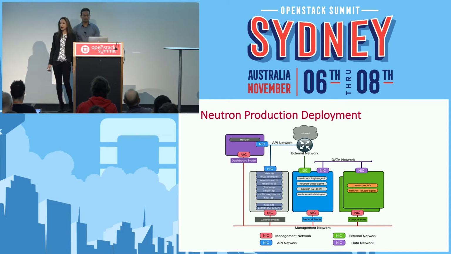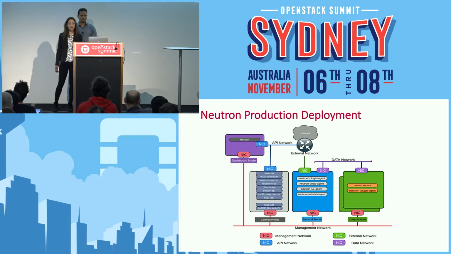The ML2 plugin agent provides layer 2 connectivity, and the API network, which is something I didn't speak about, is used for serving all of OpenStack's service APIs to clients. Every OpenStack production deployment also has an external network, which is used for providing floating IPs and external network connectivity to all project instances.